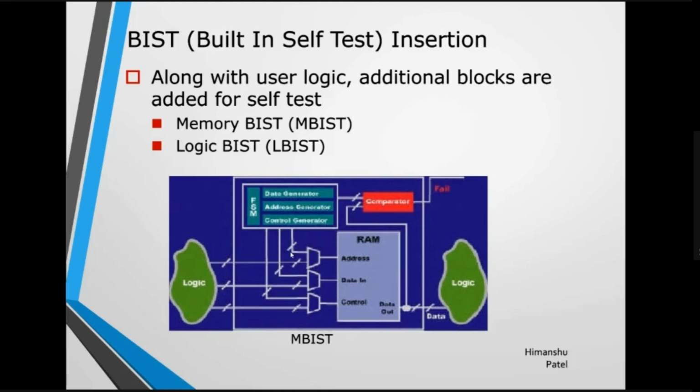If mbist enable is high, the functional mode will not be disturbed and it will directly use this test mode signal. If mbist, the memory testing, is disabled, this line will be disabled and it will choose this particular input and function as normal.